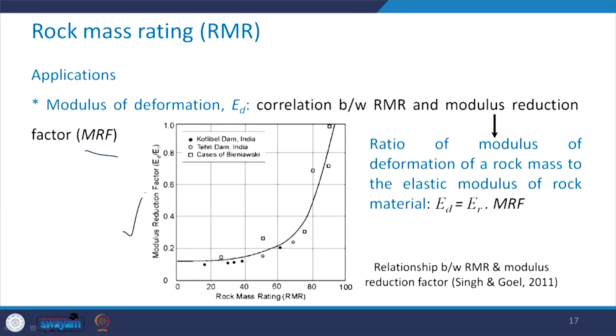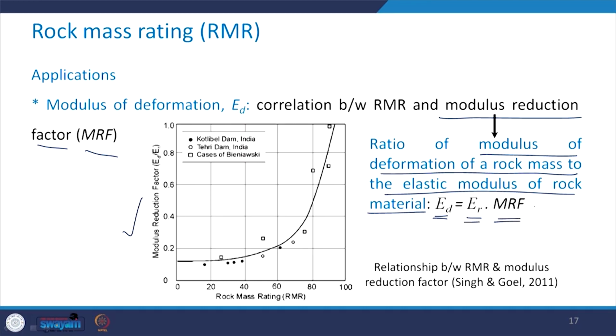This factor, modulus reduction factor or MRF, is defined as the ratio of modulus of deformation of the rock mass to the elastic modulus of the rock material. When I say elastic modulus of the rock material, I am talking about the intact rock. So, you can see here that the deformation modulus will be the elastic modulus of the rock material multiplied by this factor, which is MRF.